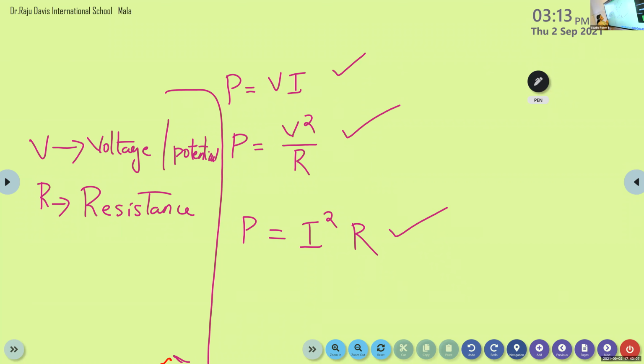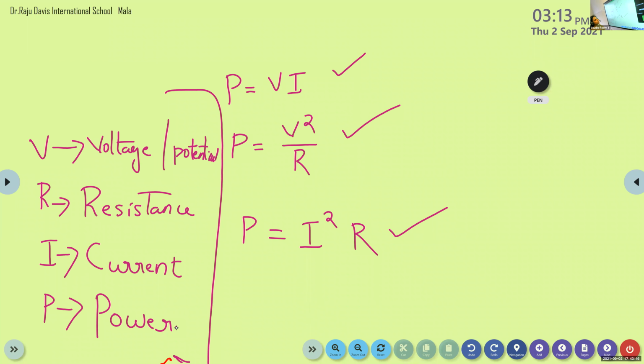Then what about I? Current. Good. Electric current or simply the current. And what does P stand for? P is power. If you say it is a potential, then my class is becoming an utter failure. So here V is the voltage or potential difference, R is the resistance, I is the current, and P is the power. All these three equations are very, very important for calculating the power.